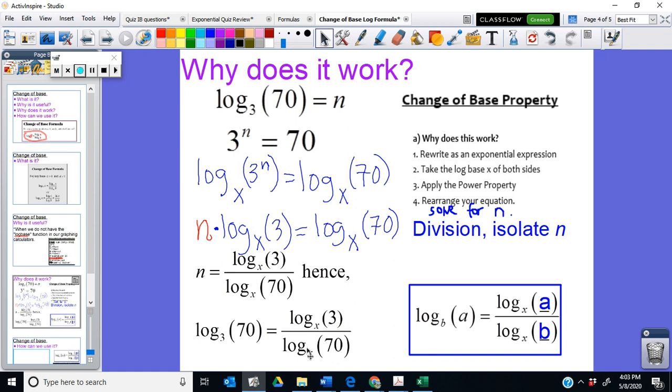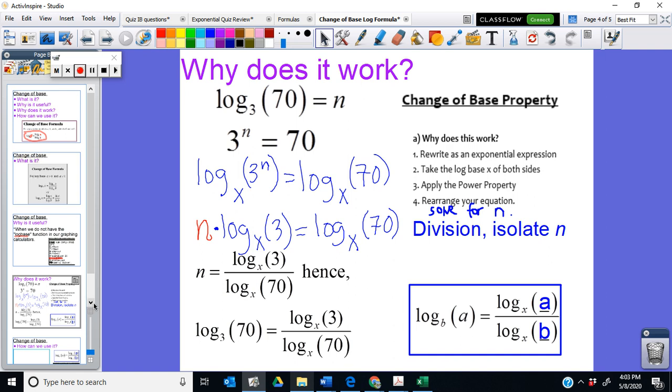But notice that those bases are the same. So we have changed the base of both this log base 3 and the 70. And we're using a common base, and these are the evaluated values.